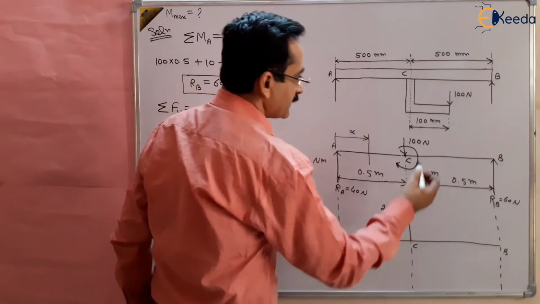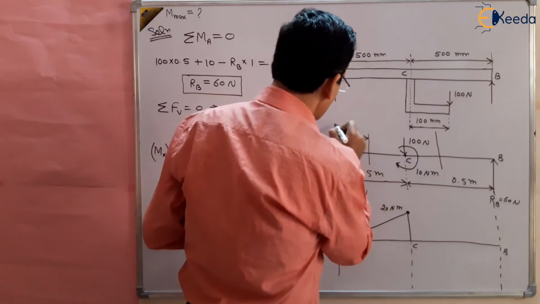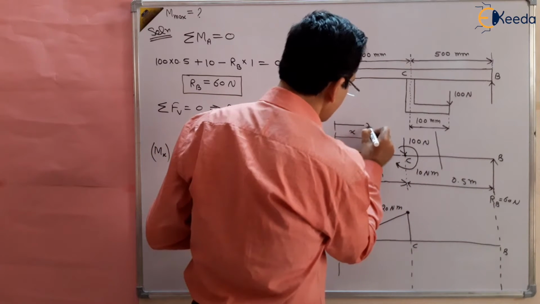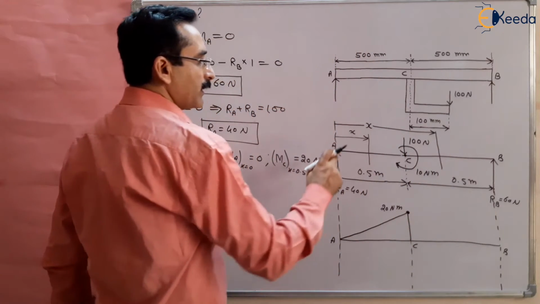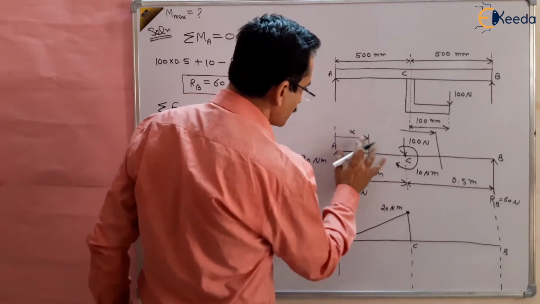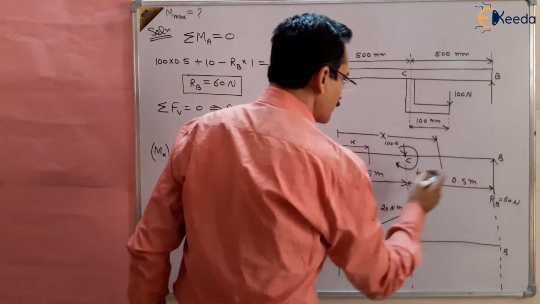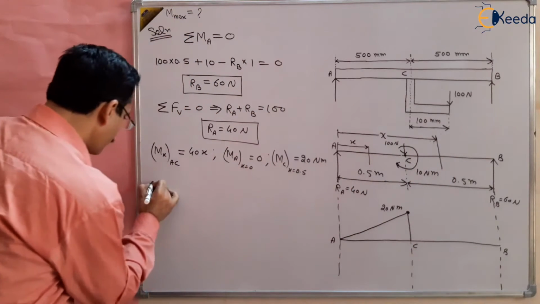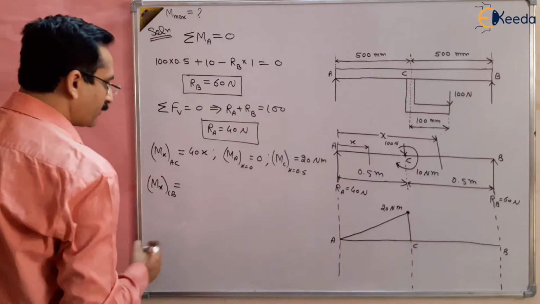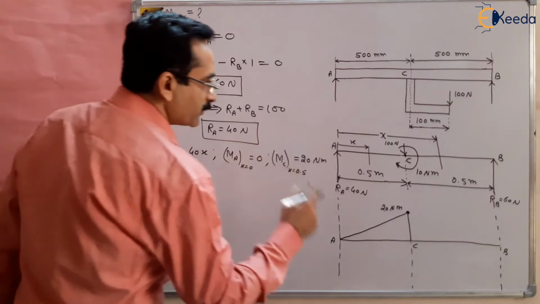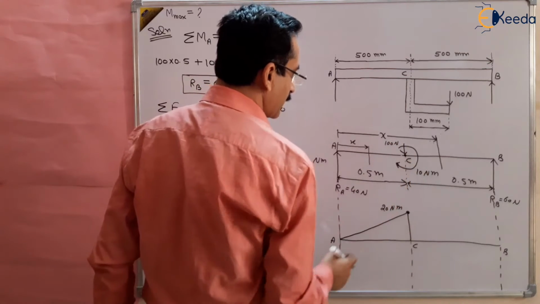Now we can further take a section at a distance x between C to B. So at a distance x we have taken another section between C to B. So what is bending moment now? Mx, which is valid between C to B, will be equal to, there are three forces, one is 40 and 100 and another is couple, this 10.